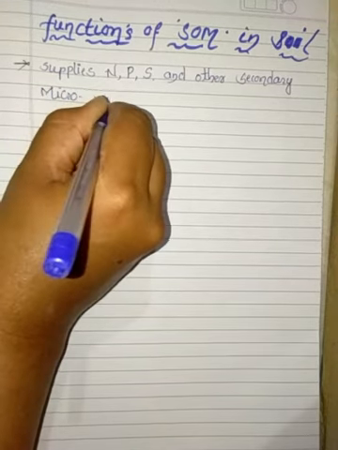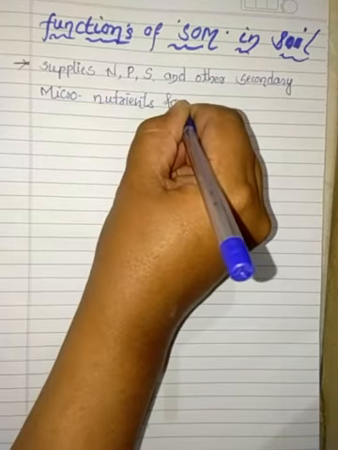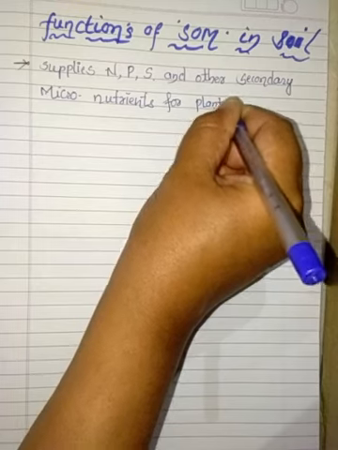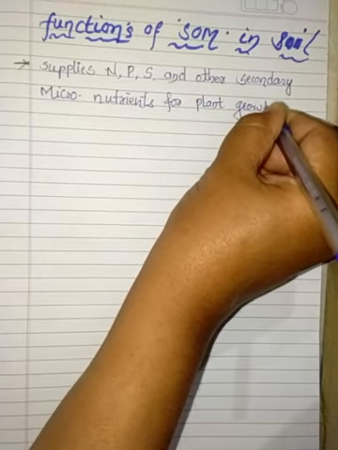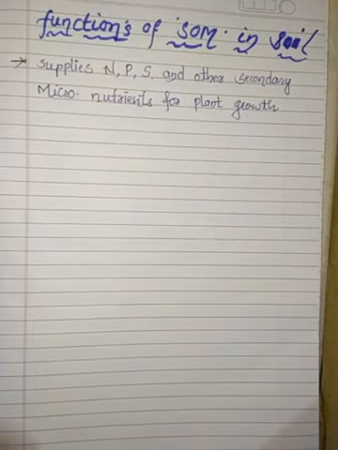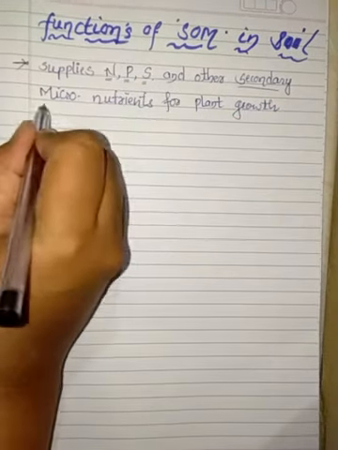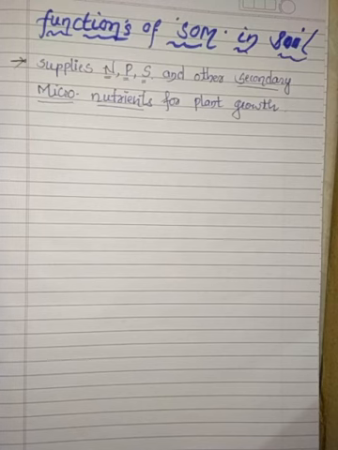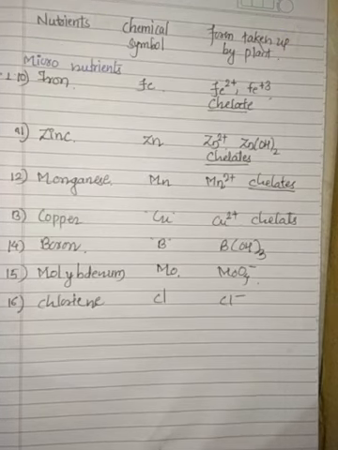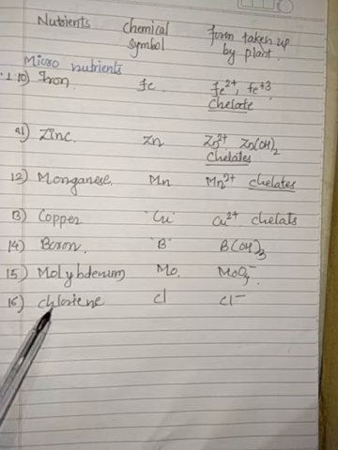Okay, this is first. What I have told is that it can supply nitrogen, phosphorus, sulfur as well as other secondary micronutrients. So which are those other secondary micronutrients? These are the secondary micronutrients: iron, zinc, manganese, copper, boron, molybdenum and chlorine. They can also be provided by SOM itself.